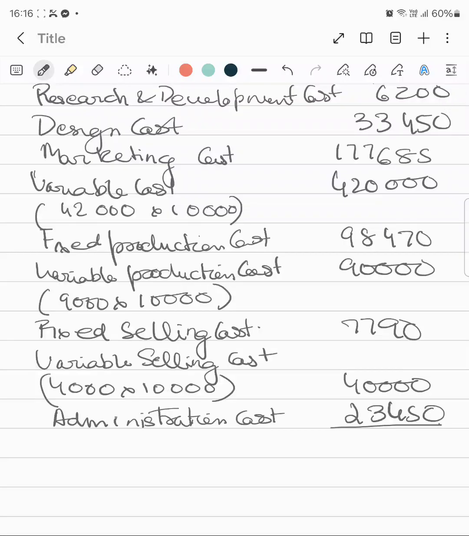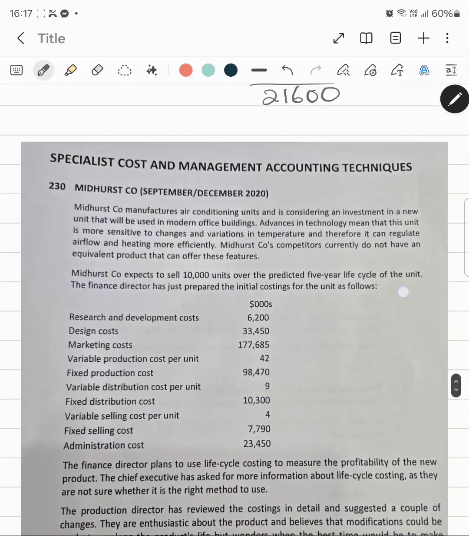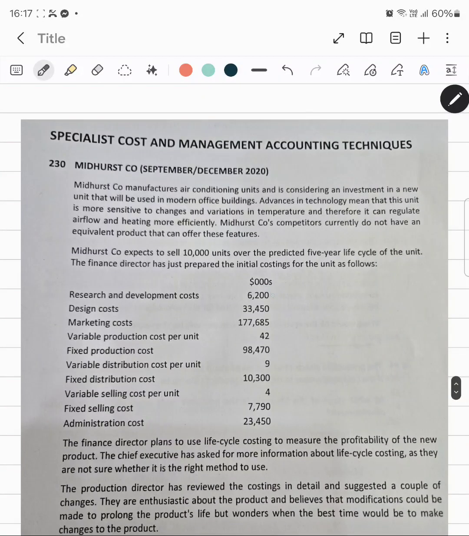Now I will add all this cost. 6,200, 33,450, 177,685, that's 4,20,000, that's 98,470, plus 90,790, plus 40,000, plus 23,450. So I get this. Something is missing, I did not include. 6,200, 33,450, yes, I had included this also.